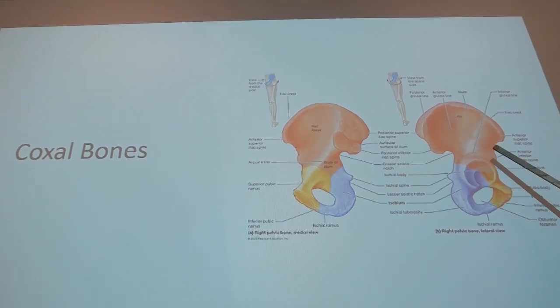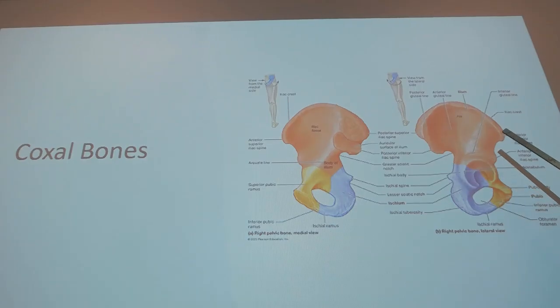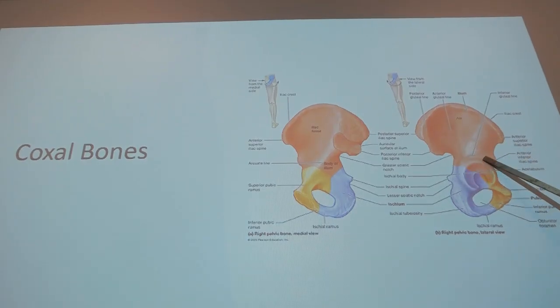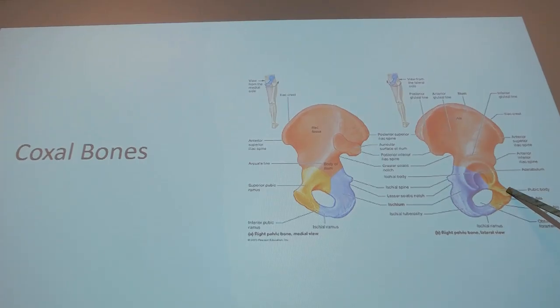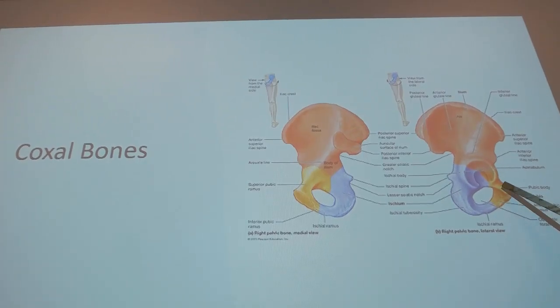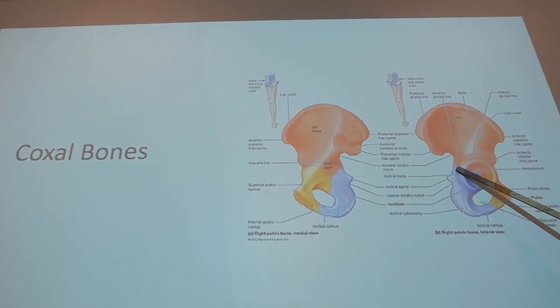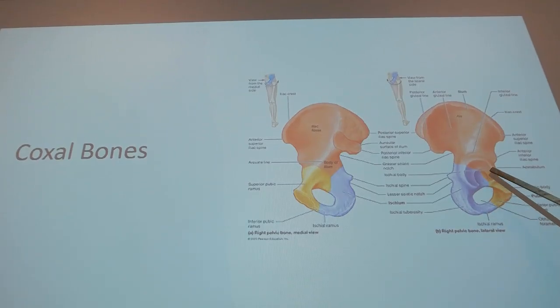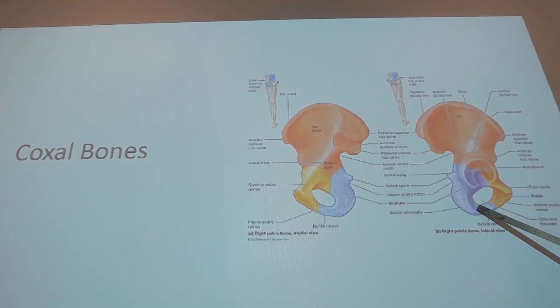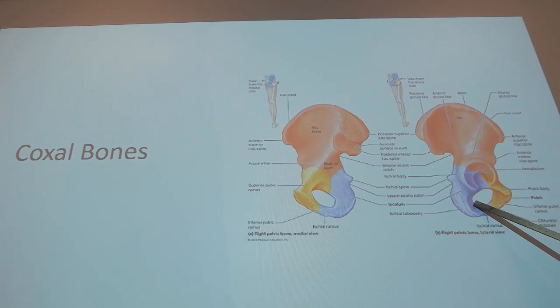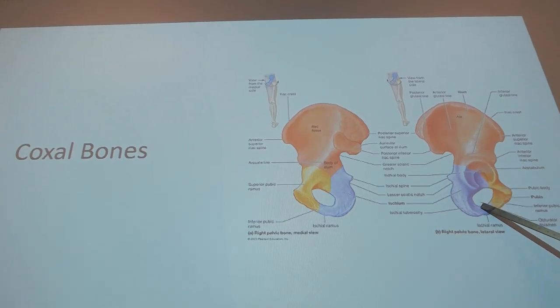In the acetabulum, you have the fusion of the iliac bone, which is all this bone, or ilium, the pubis bone, which is the anterior and inferior bone, and the ischium, which is the posterior inferior bone. And again, between the pubic bone and the ischium, you form this foramen, which is called the obturator foramen.